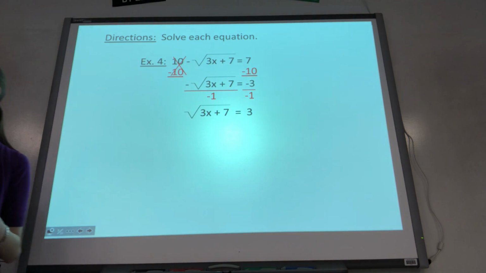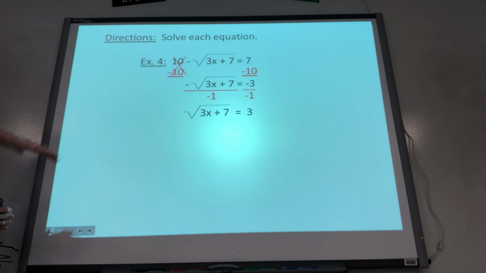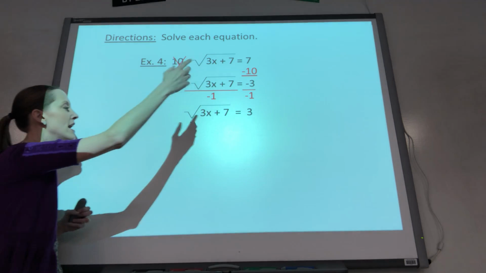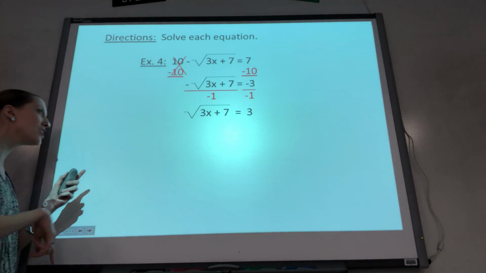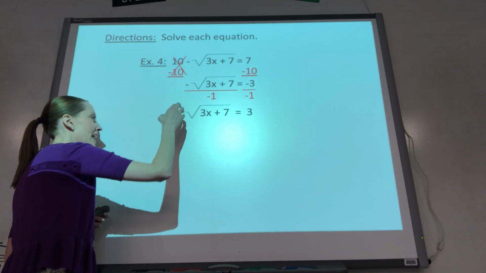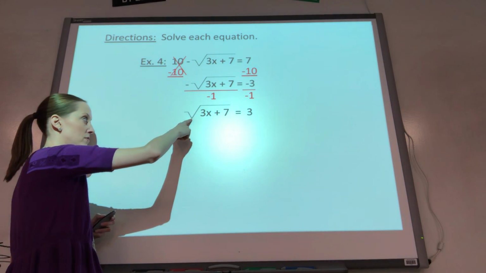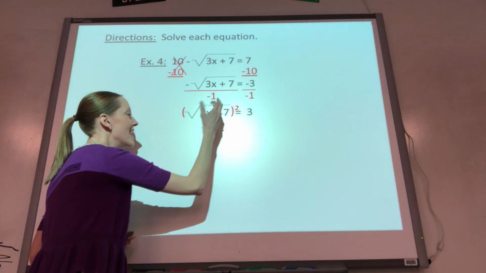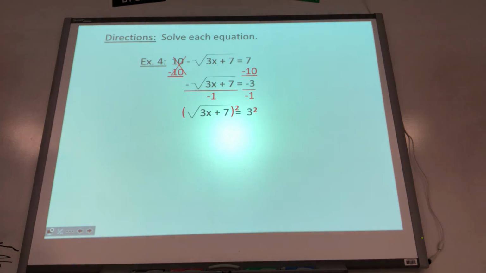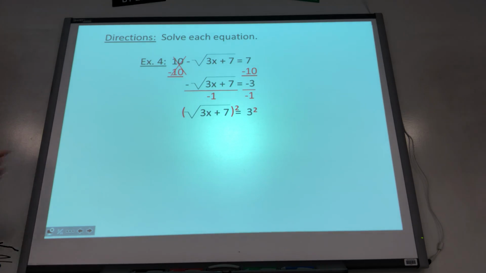If you have your notes from 6.5, we should have some steps in there that say, like step 1, get the radical by itself. Step 2, undo the radical. If it's a square root, to undo a square root, you have to square. And so I'm just going to do that to both sides.